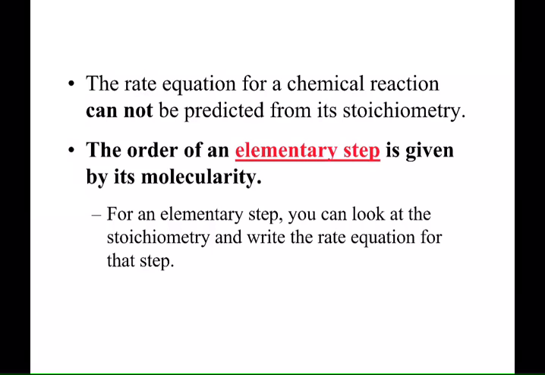So I'm going to go back to my behind the scenes. I have elementary step 1, elementary step 2. I draw a line. I have a reaction of interest. We can write rate law expressions for an elementary step 1 and an elementary step 2. Guess what? If it's an elementary step, by golly, we can use the stoichiometric coefficients as their reaction orders. It's so fun. Only if it's an elementary step.